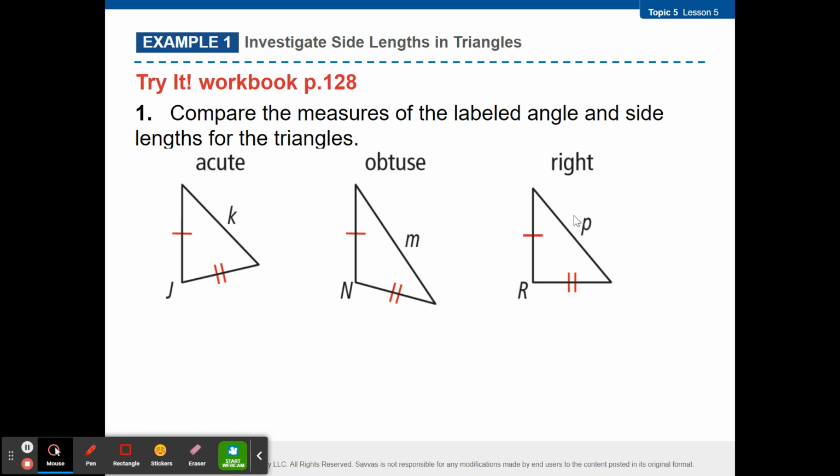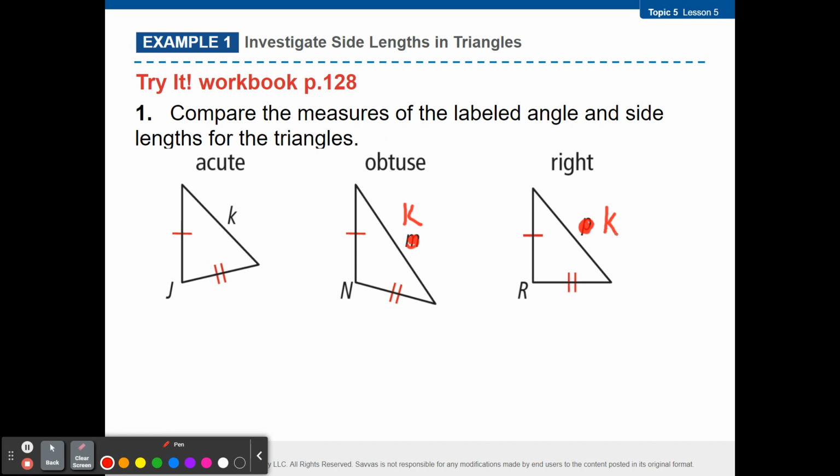So I'm going to change it right here. Okay, so I'll change it right there.